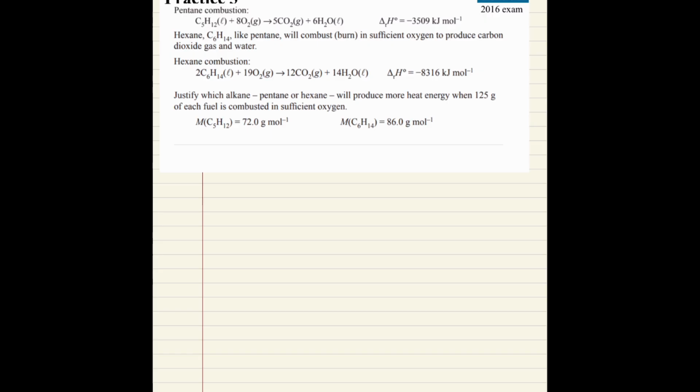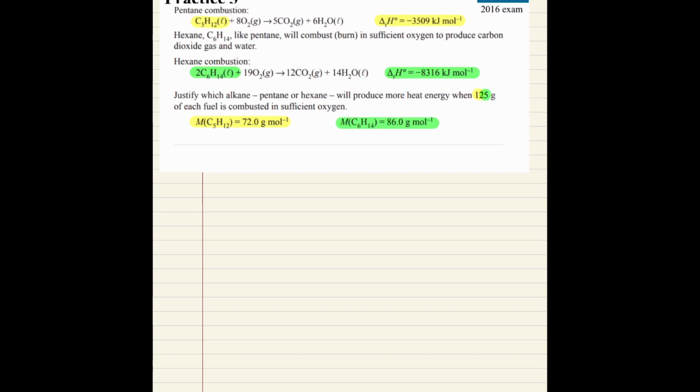Alright, so I'm just going to do pentane in yellow. So pentane, we're looking at this one and this one. For both of the fuels, we're using 125 grams. And then if I'm looking at hexane, also using 125 grams.